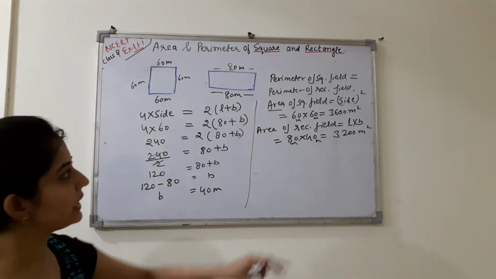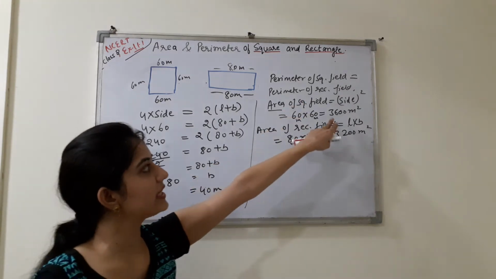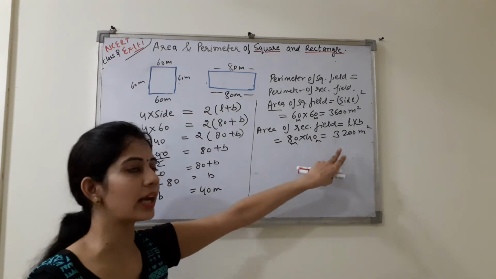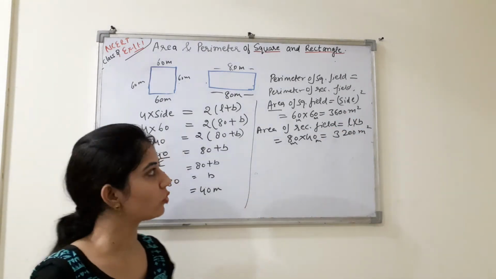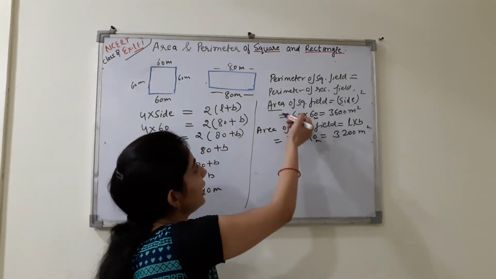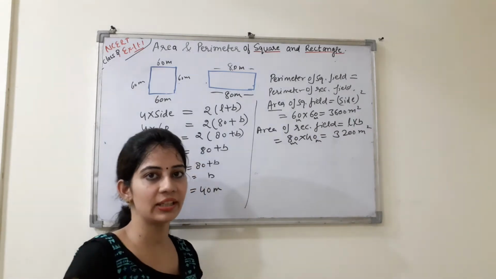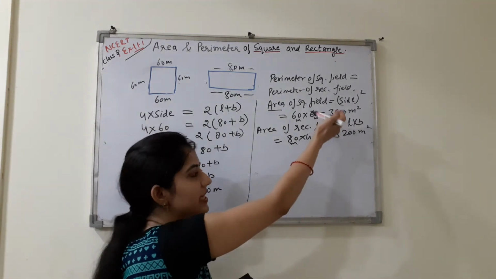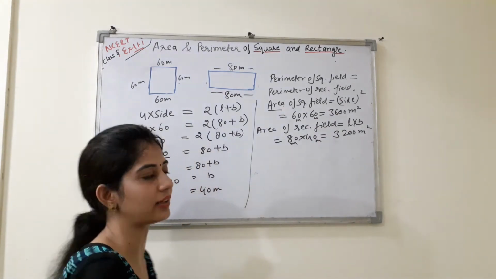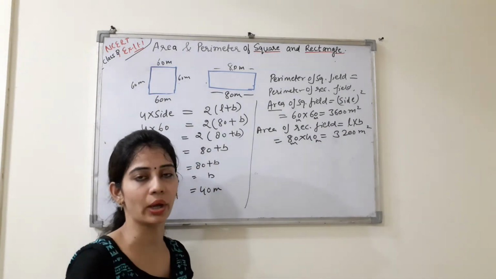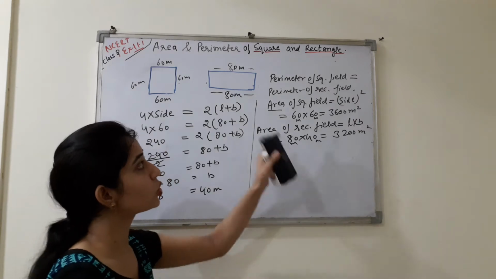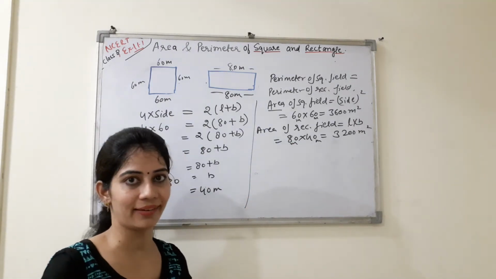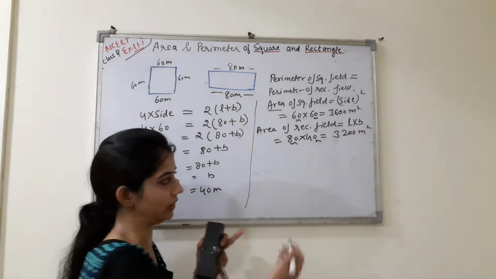Now you can see that the area of the square field is 3600 meter square and the area of the rectangular field is 3200 meter square. So we can easily find that the area of the square field is more than the area of the rectangular field. By how much? So that will be 3600 minus 3200, that is your 400 meter square. So it means that the square field has 400 meter square more area than the rectangular field, right?